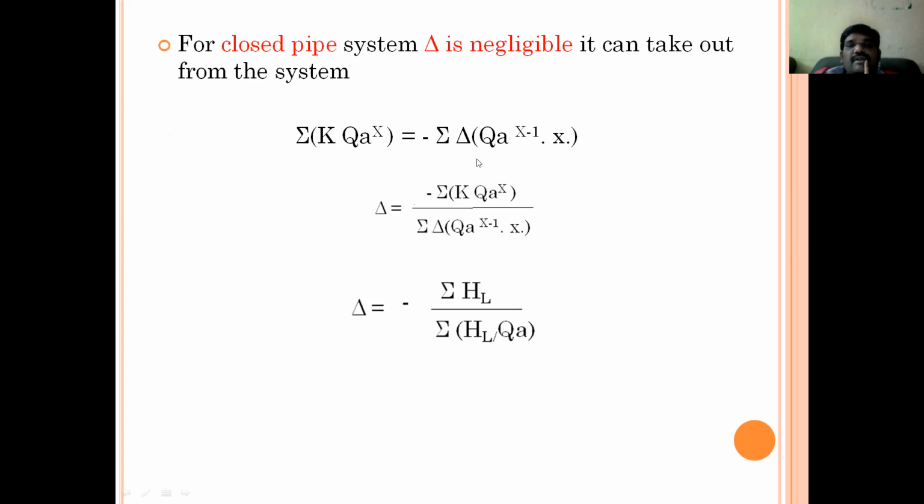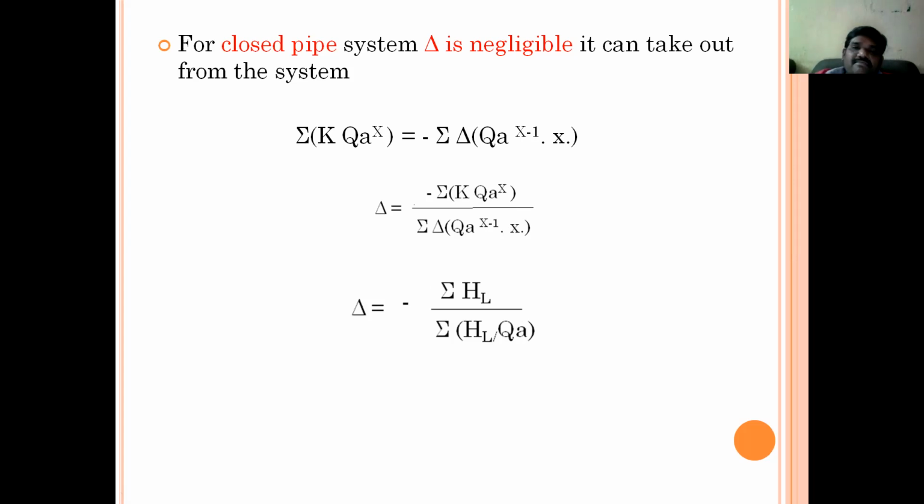So sigma delta equal QA power X minus 1 into X. So as we are taking off delta, delta equal minus sigma K QA power X by sigma K QA power X minus 1 into X. Simply again we are writing this equation. So delta equal sigma HL by QA. Simply we are substituting and elaborating the equation.